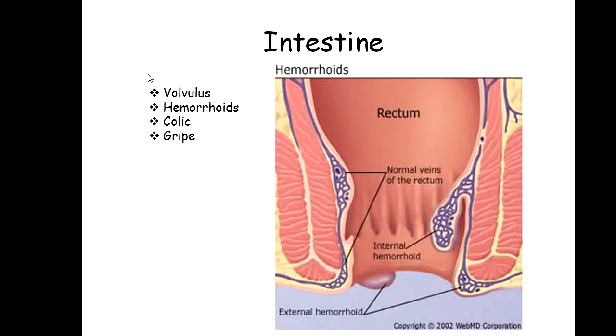The next one is hemorrhoid. Hemorrhoid is also called piles. Hemorrhoid may be internal or external. This is the condition in which the blood vessels inside the rectum or the anus, the internal blood vessels and the external blood vessels, become inflamed.